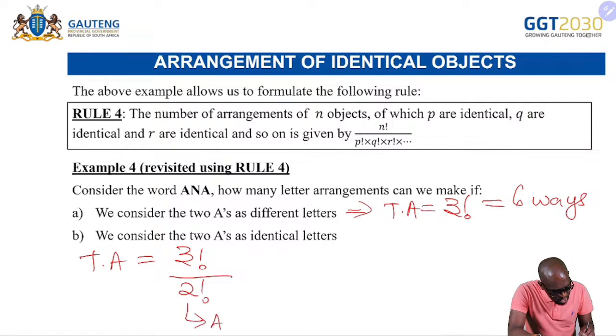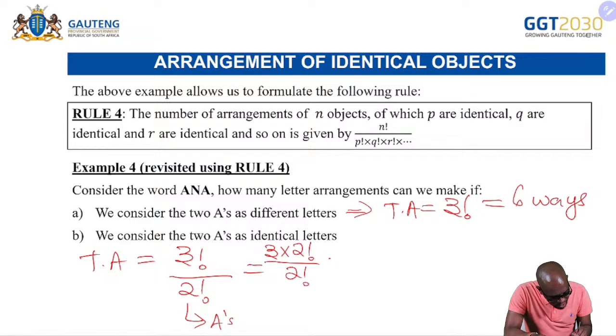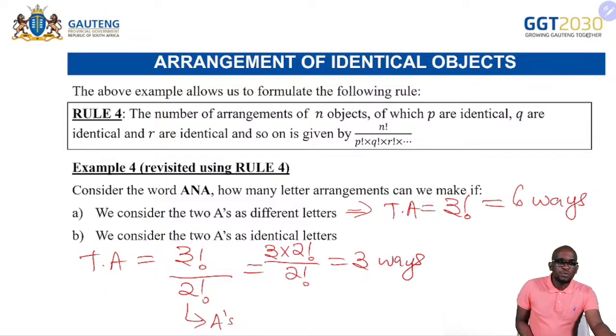This 2 factorial is for the A's. So 3 factorial over 2 factorial is 3 times 2 factorial over 2 factorial, so this would be 3 ways. If you still remember from the previous one, we also got 3 ways. But now we are making use of our rules there.